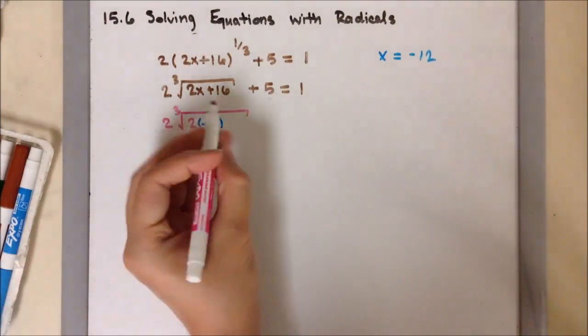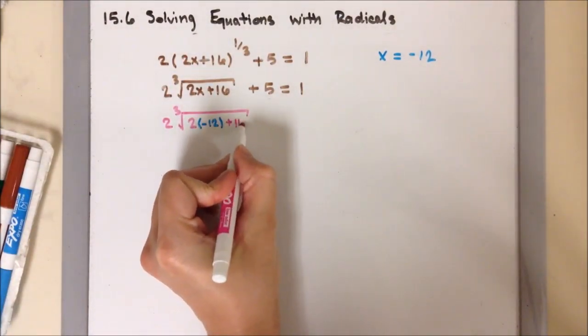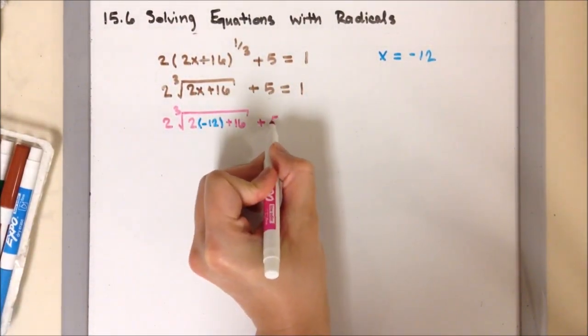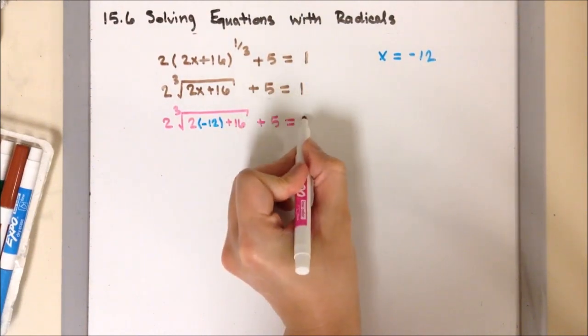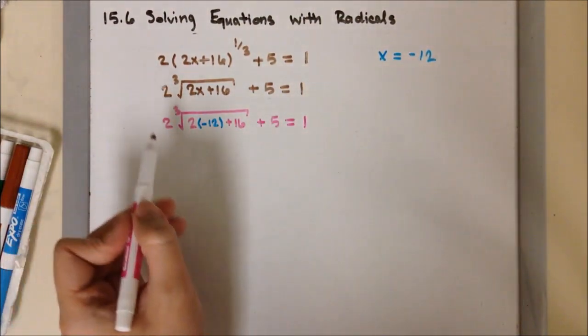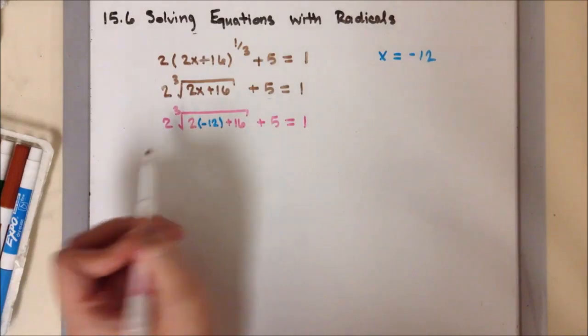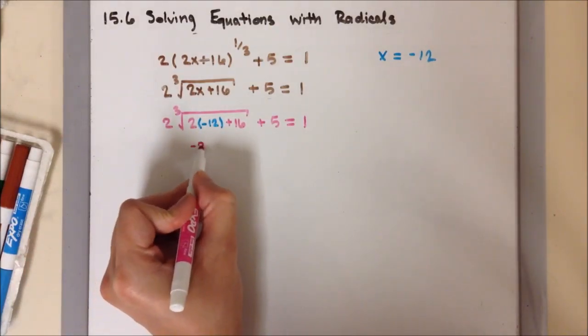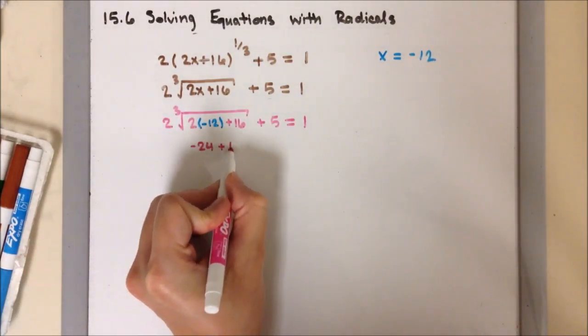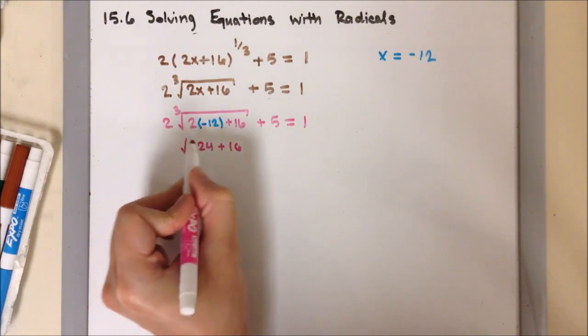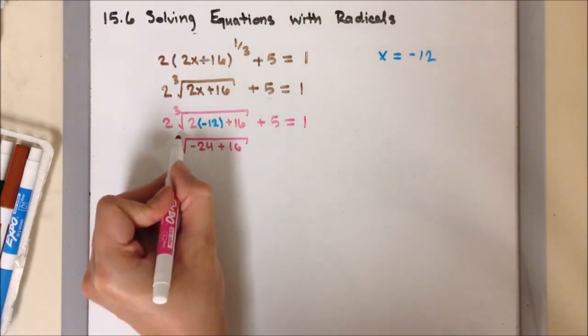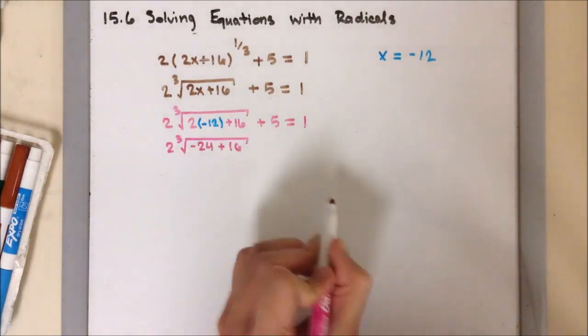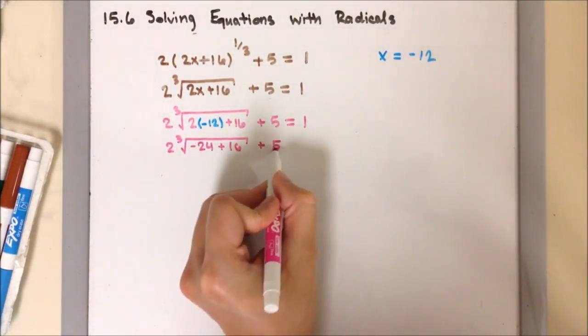And then add in my plus 16, then bring down my plus 5 and the equal to 1. Alright, so let's work on the inside. 2 times negative 12 will be negative 24 plus 16 inside the cube root with the 2 on the outside, plus 5 equal to 1.